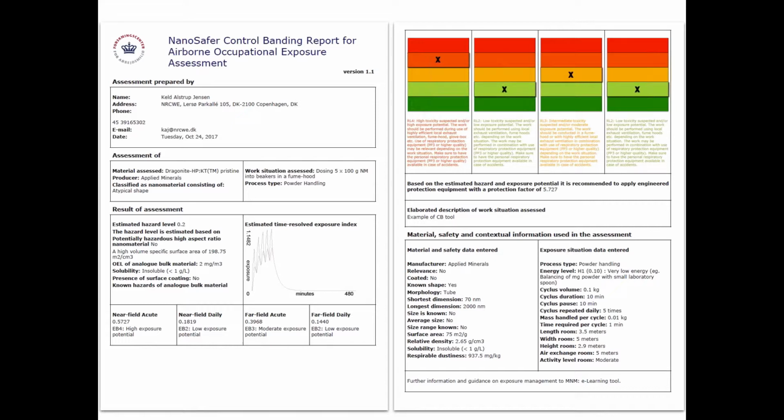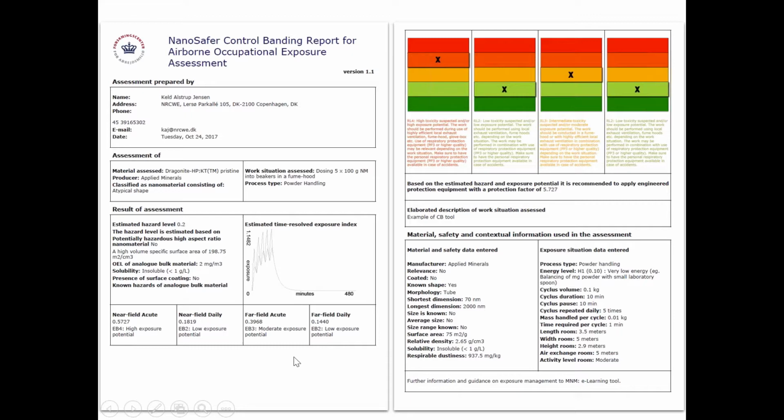And you also get information on the volume-specific surface area and the occupational exposure limit that was used for the analog bulk material. And then finally, you have here a time-resolved estimated exposure index, where you can see in this case we have 5 repeats of an operation that gives a near field and a far field exposure potential, and down here you have the score of the exposure.